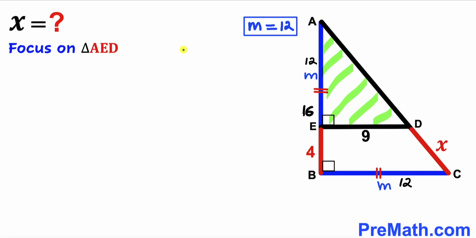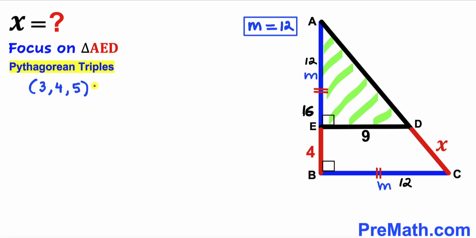Now we focus on the smaller right triangle AED, whose side lengths are 12 and 9. Let's recall the Pythagorean triplet 3, 4, 5.